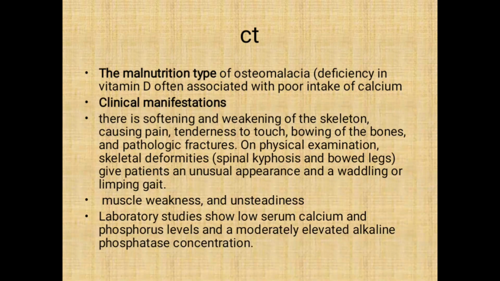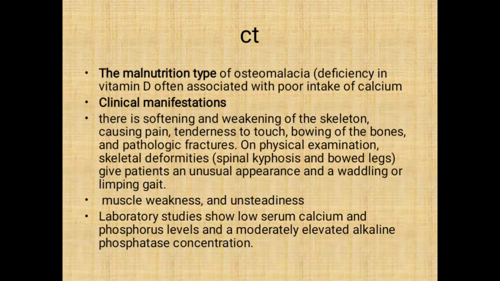So the clinical manifestations of osteomalacia or rickets: there is softening or weakening of the skeleton, which causes pain and tenderness to touch, bowing of the bones, that is bending of the bones, and also pathological fractures occur. On physical exam you will find skeletal deformities like spinal kyphosis, that is the thoracic part, the bowed legs in rickets, we know how rickets occurs.